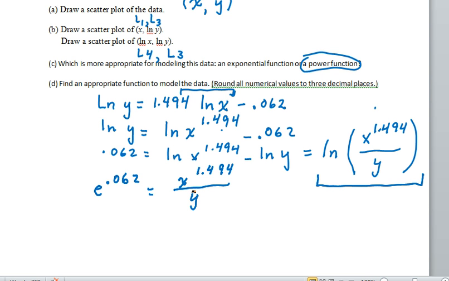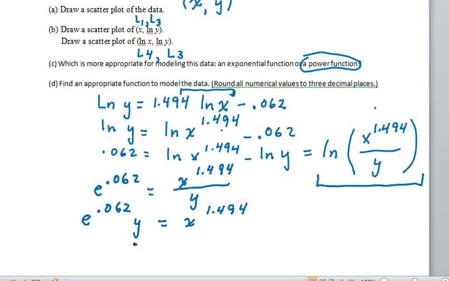Now I'll multiply both sides by y and get e to the 0.062 y equals x to the 1.494. And now I can either divide by e to the 0.062, or I can multiply by e to the negative 0.062, since that's the reciprocal of e to the 0.062.